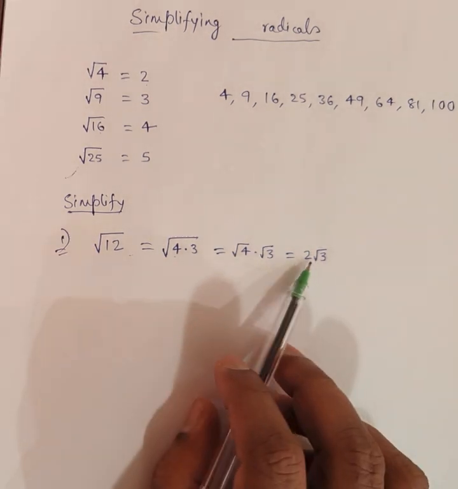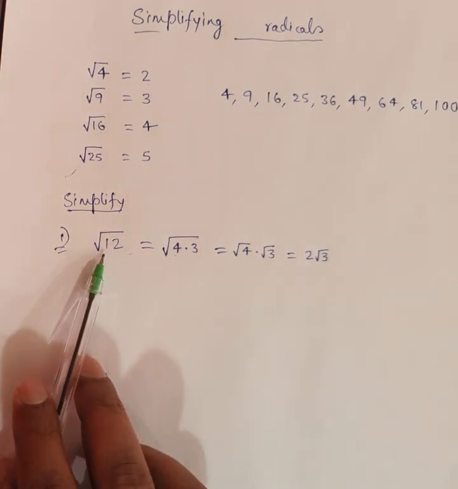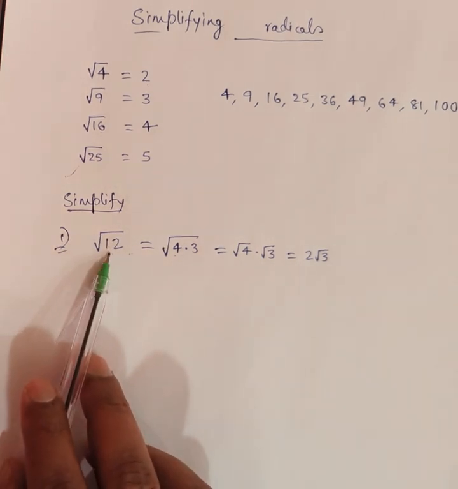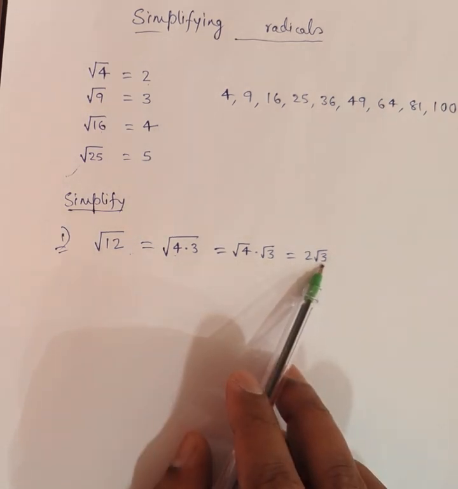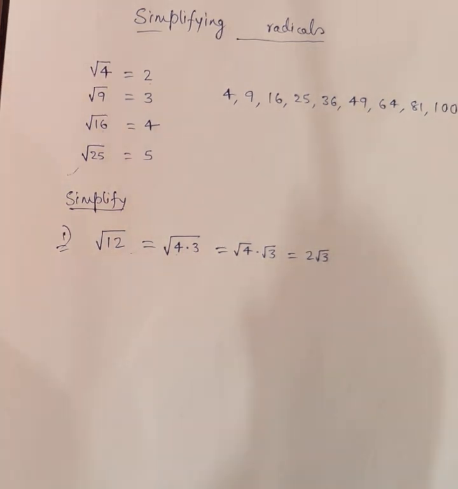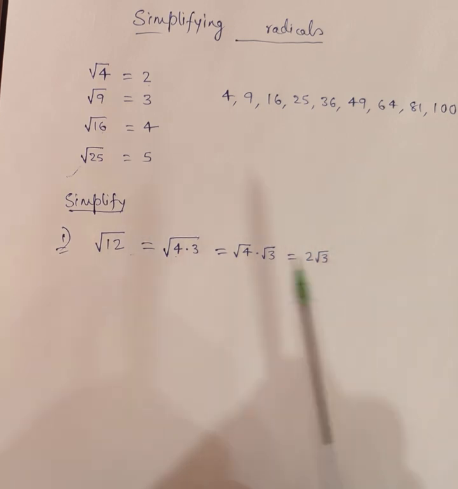So the answer is 2 square root 3. We started with something that had a big number under the square root, and now what we have is a smaller number under square root. That's why we like to think that this is simpler than this one. If you have a smaller number under the square root sign, it's preferable for several reasons.